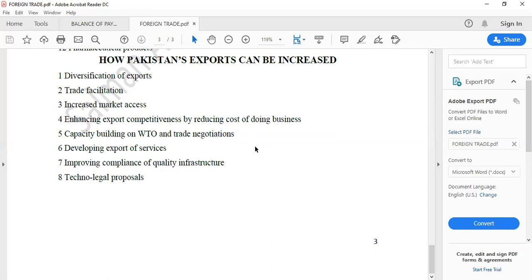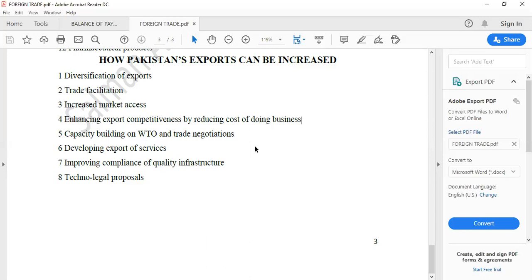Sixth is developing export of services. Pakistan's services sector is contributing maximum towards the GDP. We should also have trade in services. We should export services as well.